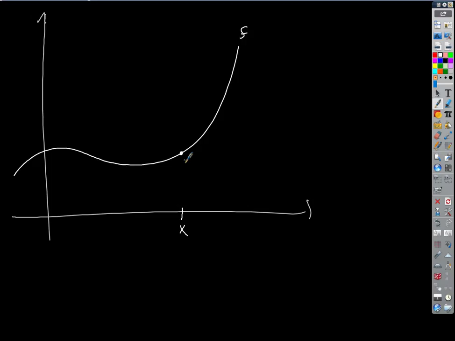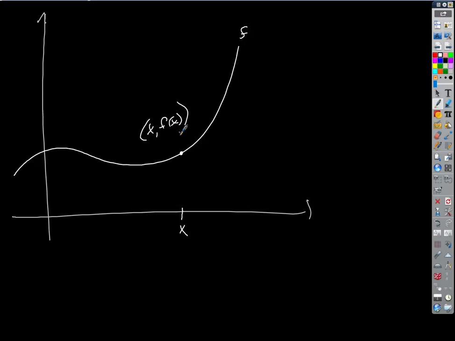X, f of x. Good. So we get the ordered pair x, f of x. And f of x could be anything, right? x is our input variable, f of x gives us our output values of the function. It could be a volume, it could be a profit function, it could be anything, right?